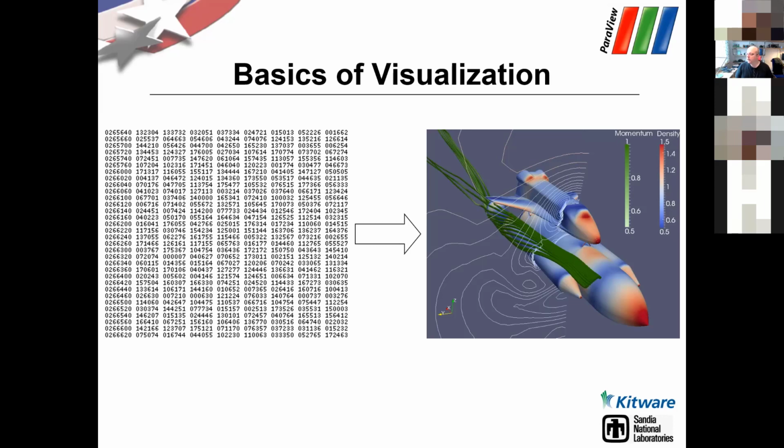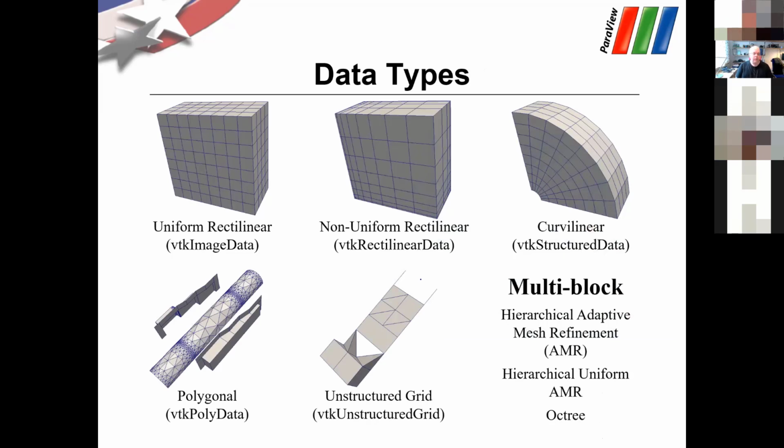ParaView and VTK have several built-in data types for visualization. You have a uniform rectilinear data structure, so a structured kind of grid type with a fixed distance between the cells. You can also have non-uniform rectilinear. That means that you can change the distances between the blocks using some kind of rule.